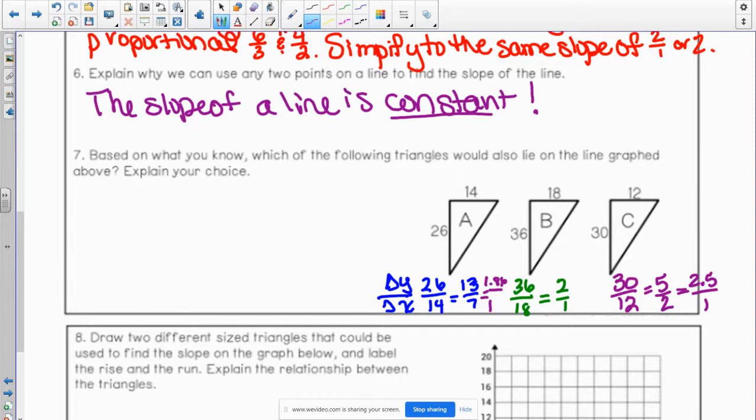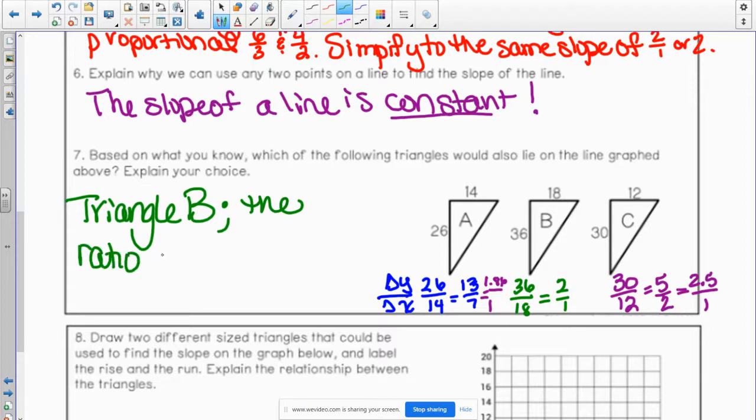So again, that's not 2 over 1. So my only triangle that works is triangle B, which had the simplified ratio of 2 over 1.